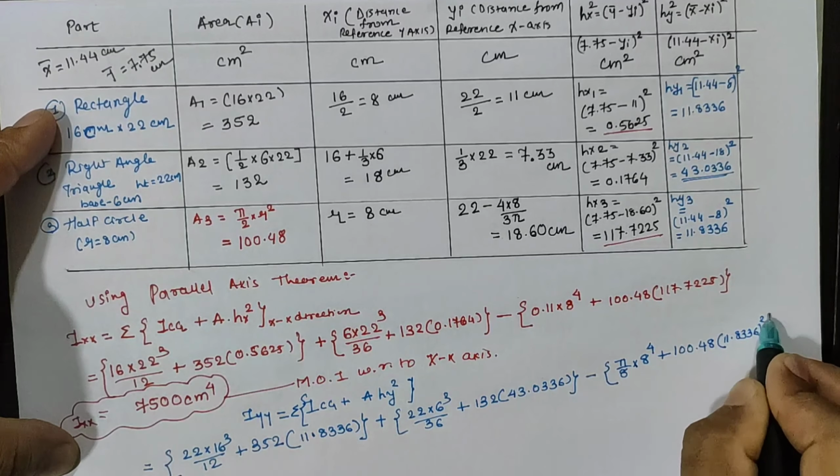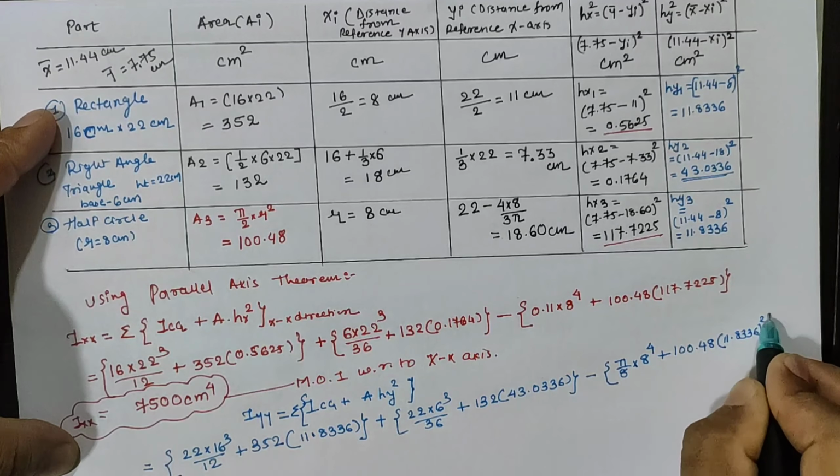Now solving this term, we have Iyy equal to 14,680 centimeter raised to 4, which indicates the moment of inertia with respect to the y-y axis for the given figure.